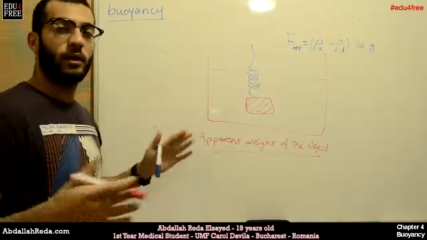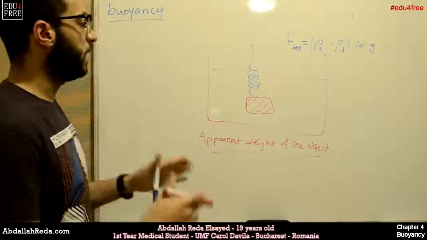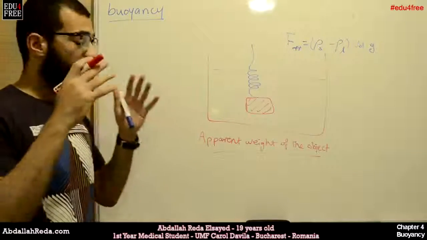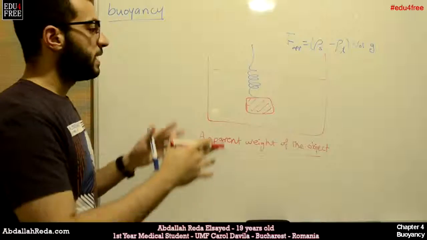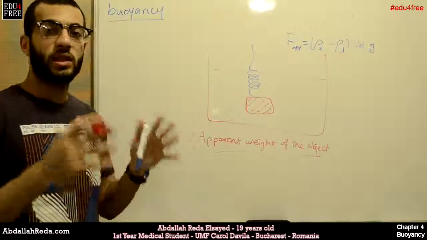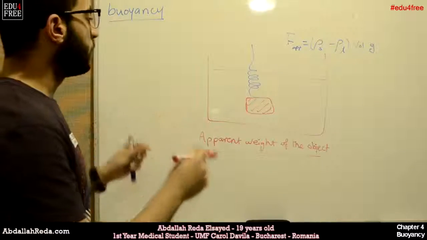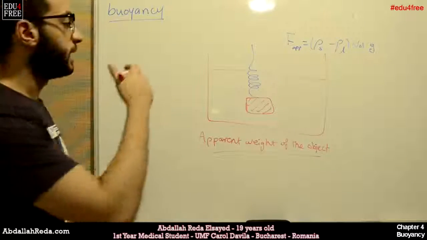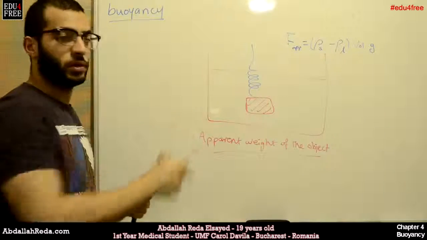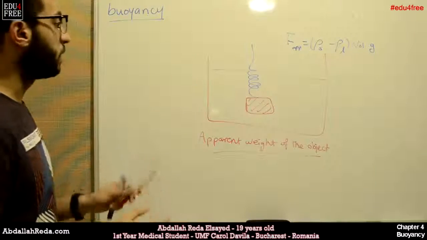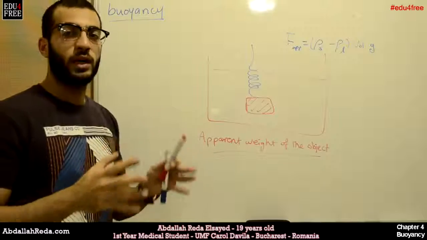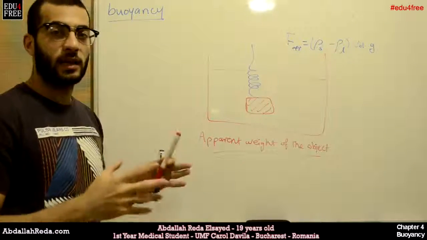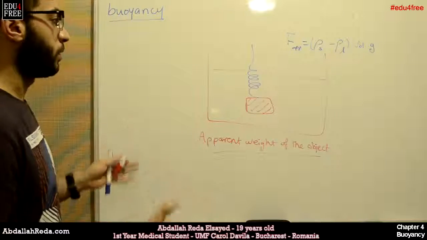On the other hand, a very large ship made of steel that sails into the sea replaces an amount of water which is enough to produce a force that's able to act in an opposite direction and lift the ship and make it float on the surface. So it all depends on the amount of replaced water and its density and its generated force that allows buoyancy to occur or not.